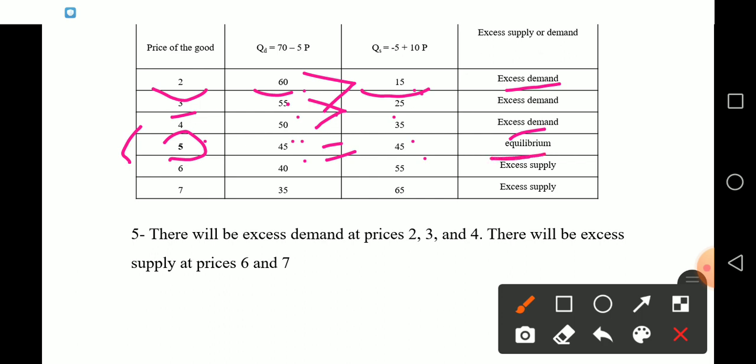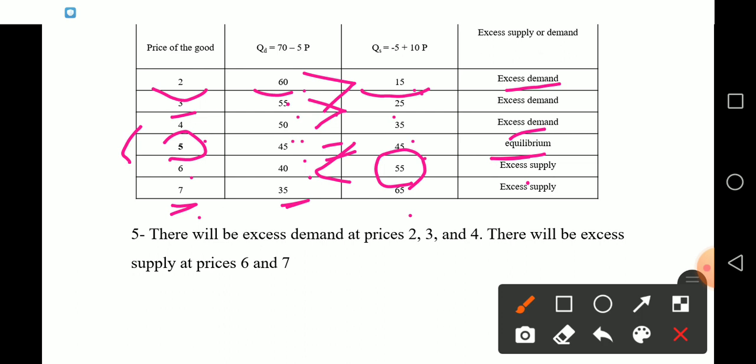What happens if the price is 6? The quantity demanded is 40, which is less than the quantity supplied, which is 55. So I have excess supply, a surplus. And at price $7, the quantity demanded decreased to 35, and the quantity supplied is 65.